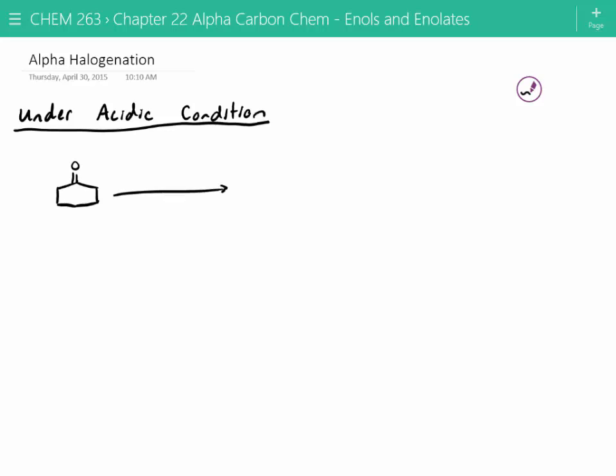So if you've got a generic ketone, you can add in a catalytic amount of acid. And in this case, I'm going to use bromine as our halogen. When you do this, you can install your bromine directly onto that alpha position, and your byproduct is HBr.